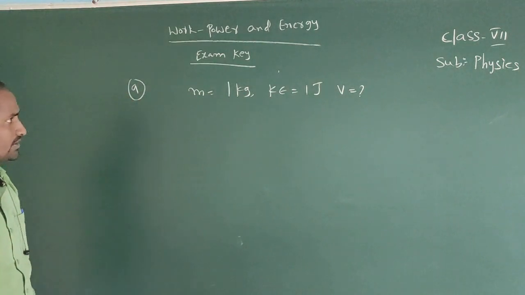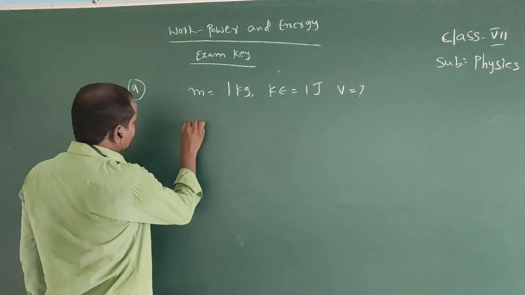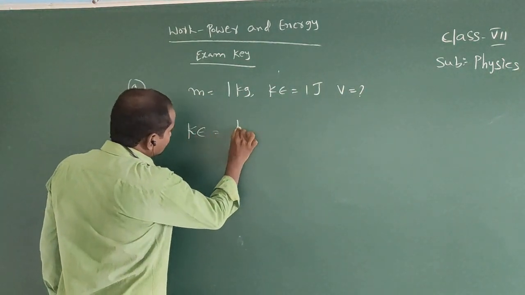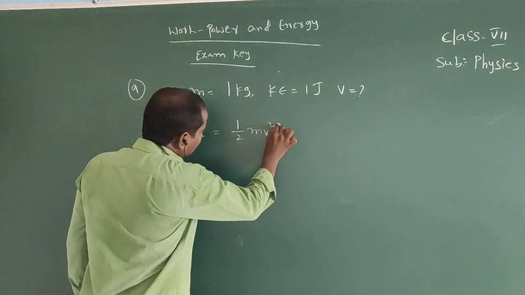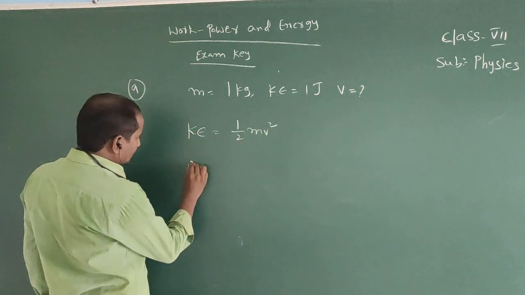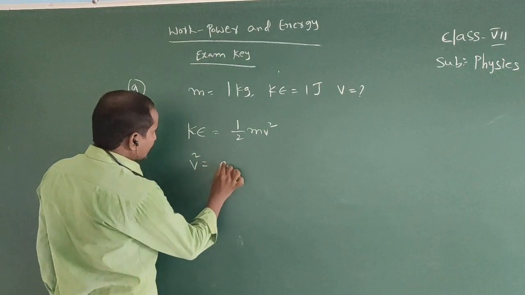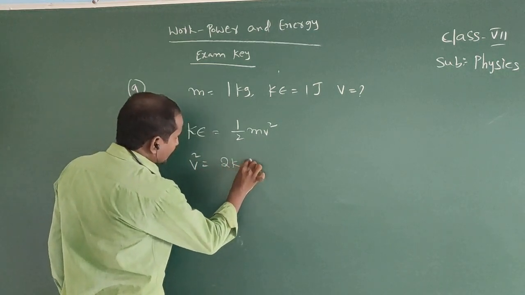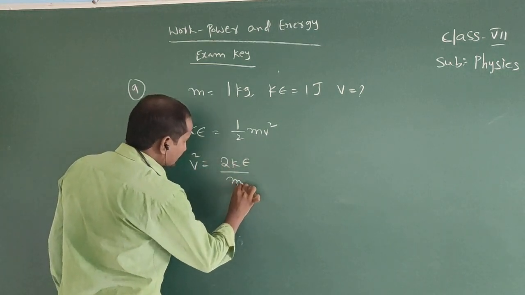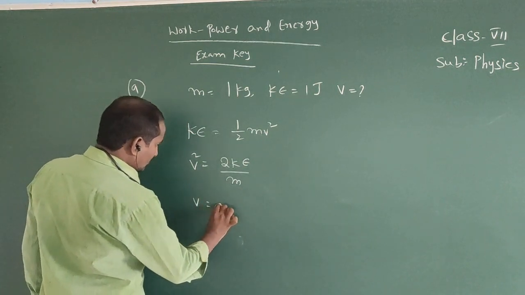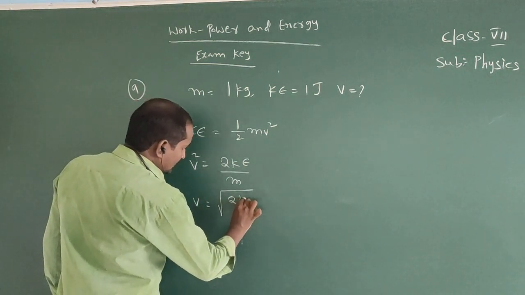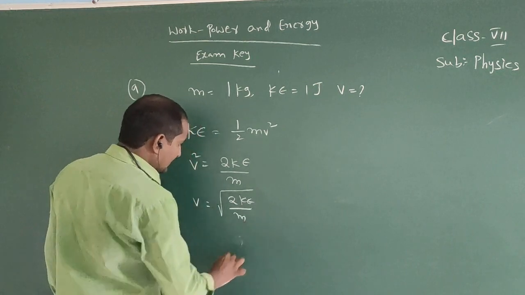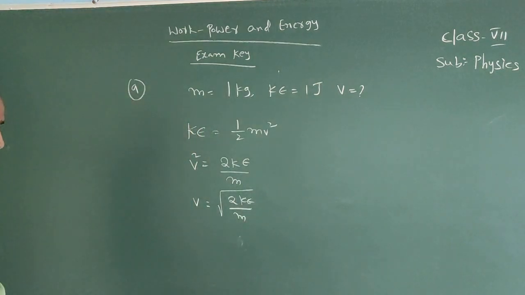Then find V equal to how much? So we know that K equal to half into m into V square. From this we can write V square equal to 2K by m. Therefore V equal to root of 2K by m. So it is the velocity value.